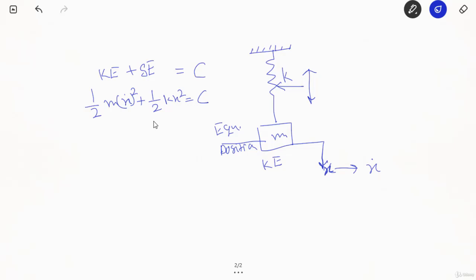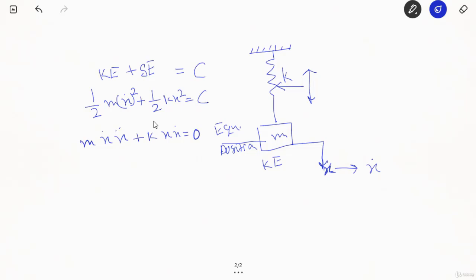Two kinds of energies are involved in this system. Now if we differentiate this equation, we will get here m x dot x double dot plus k x x dot, and this constant's differentiation is 0.